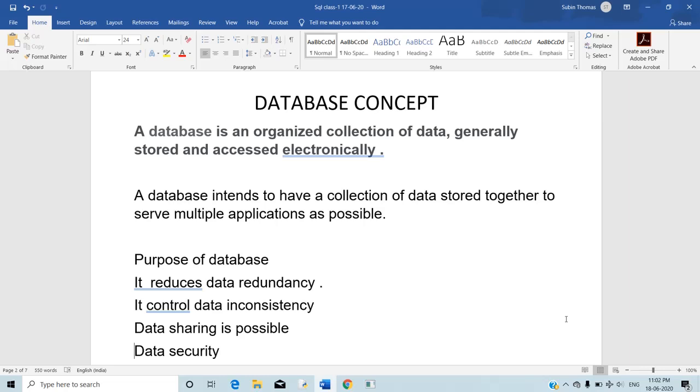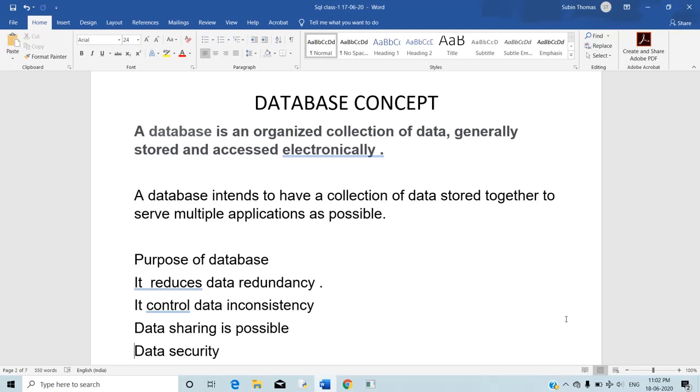If the same data is stored in two different locations, and a change is made in only one place, then the old data will be there in the other place. So there is an inconsistency occurring there.